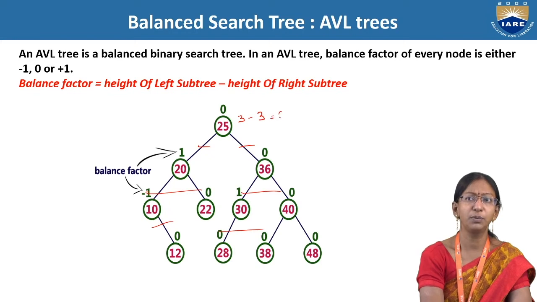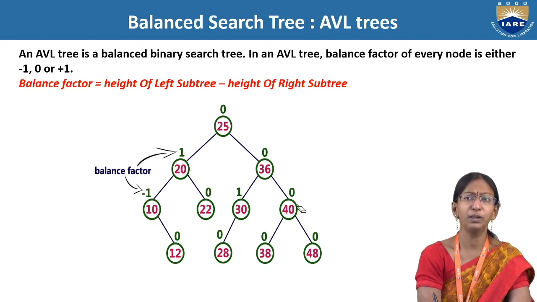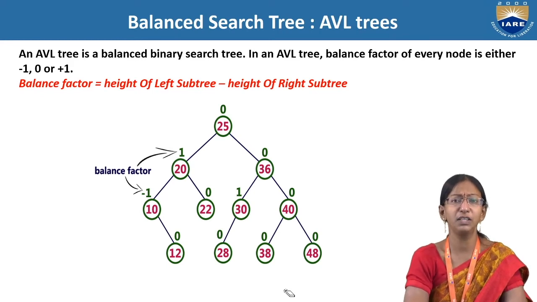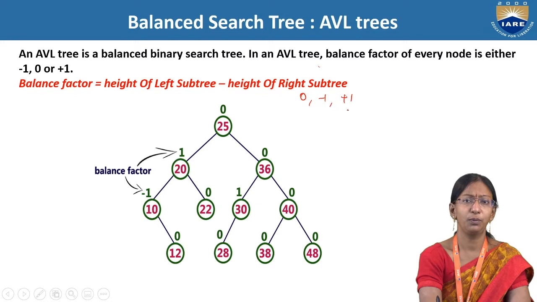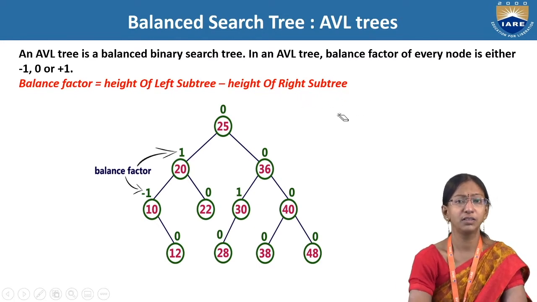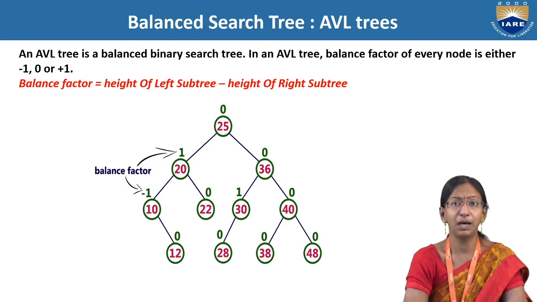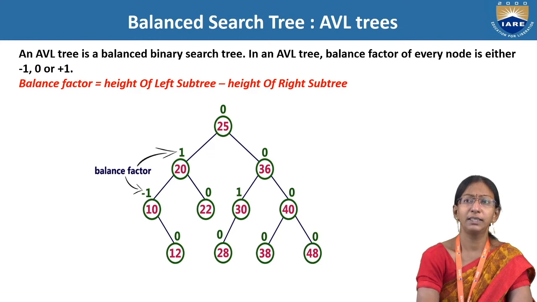So the difference will be 0. The balance factor of the root element 25 is 0. In this way, if you calculate the balance factor of each and every element in the tree, you have to get either 0 or -1 or +1, no other value. If this property prevails, then we call such a tree a balanced set tree or an AVL tree.